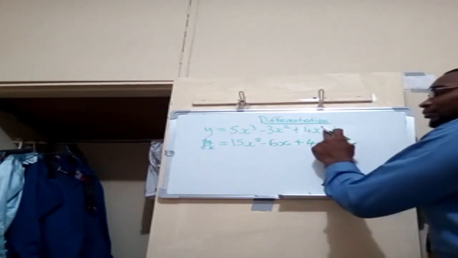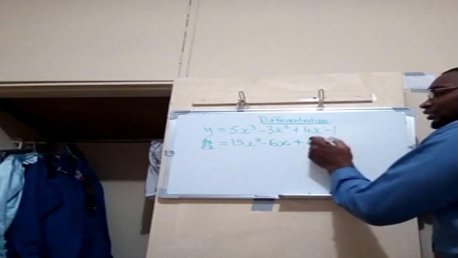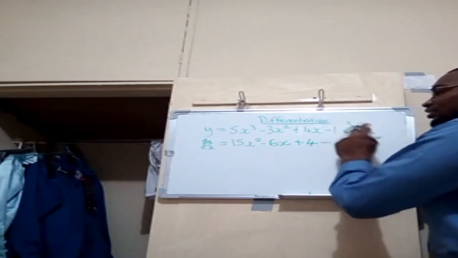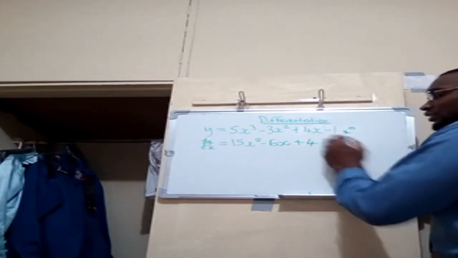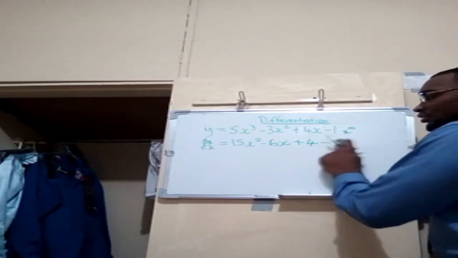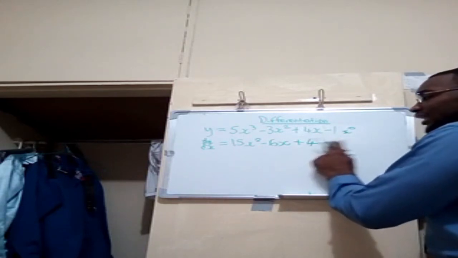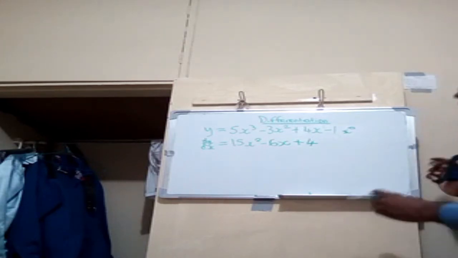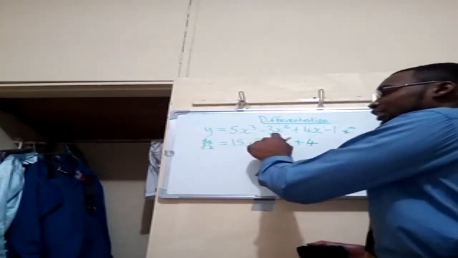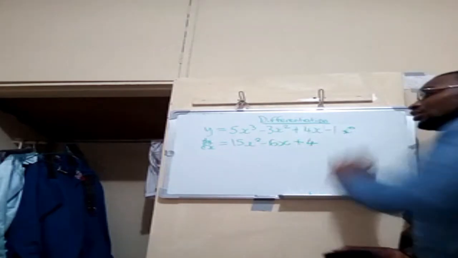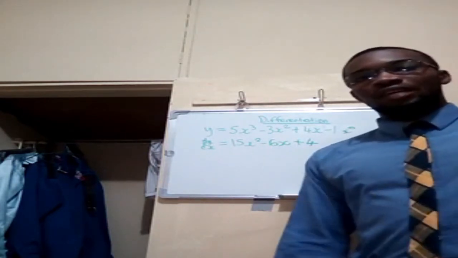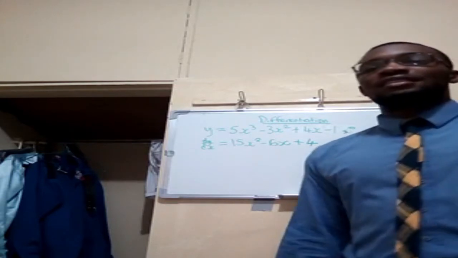Then we have minus 1 right here, this is really x to the 0, so we carry down the power, 0, and 0 times anything is 0. So we can now write the minus 0, we'll just leave it as that. So that's how we differentiate sums and differences. Notice that we were subtracting here, then adding here, and subtracting here. So that's the rule for differentiating sums and differences.